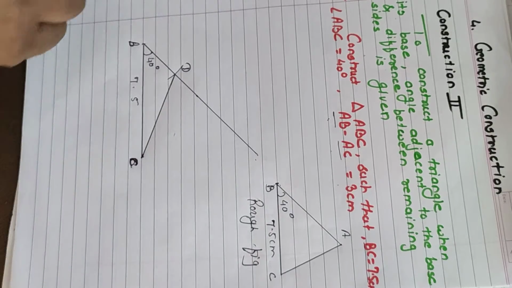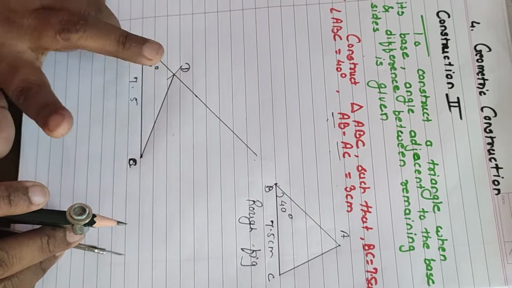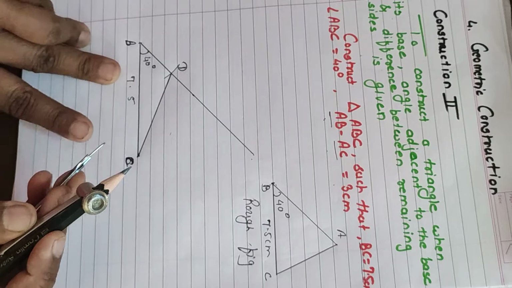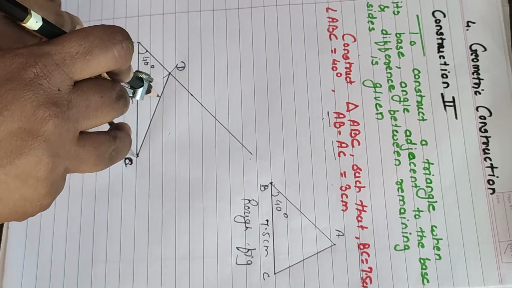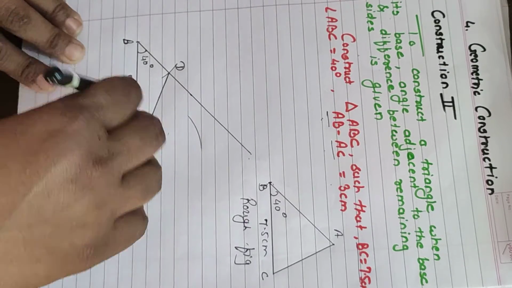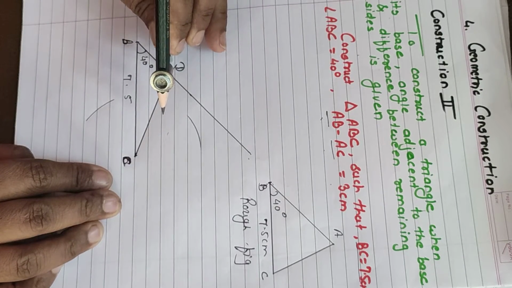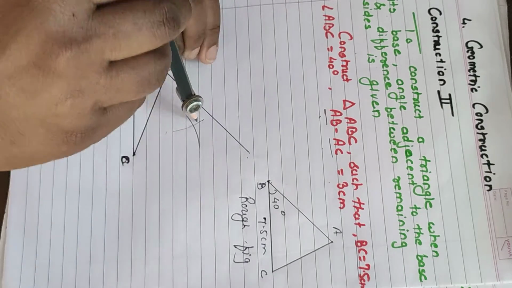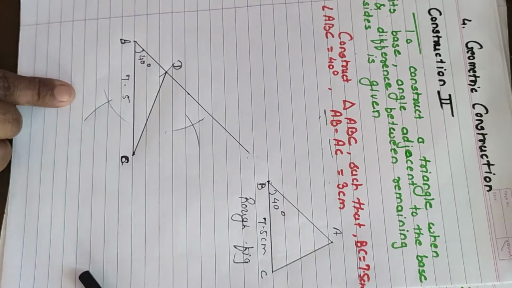The next step of the construction is that we have to draw the perpendicular bisector of DC. We know the steps: take a distance more than half of DC in your compass, draw one arc above the line and one below the line. Without changing the distance, put the metal point on D and draw arcs which intersect the first arcs, above and downside.